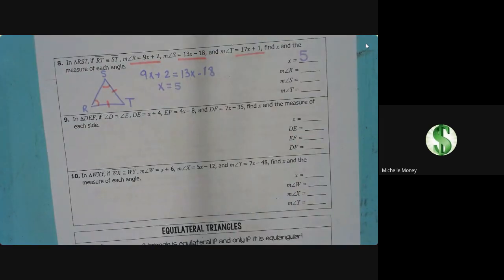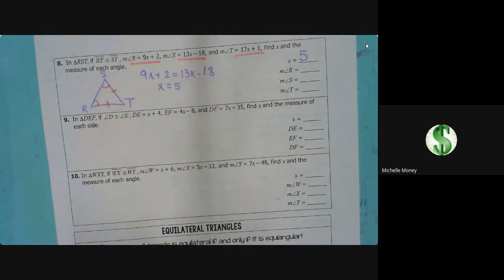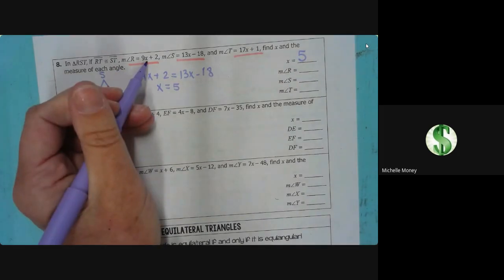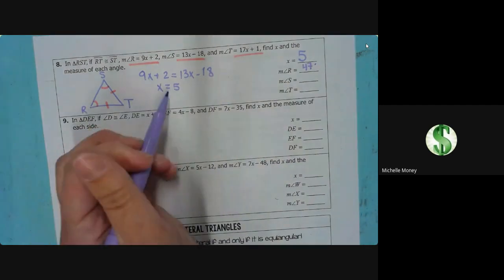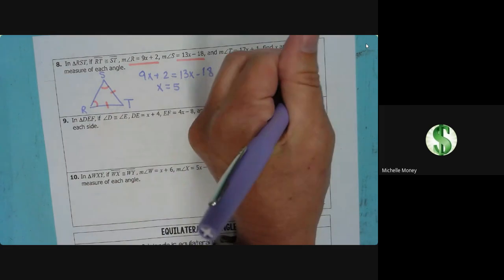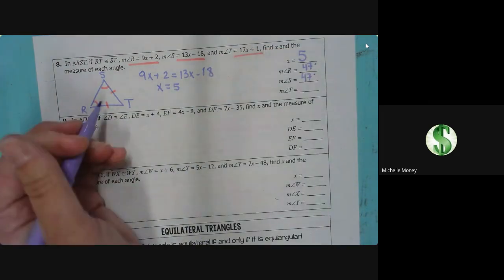Okay, so then we're going to plug x equals 5 into all 3 of these. For angle R, 9 times 5 is 45 plus 2 is 47. For angle S, 13 times 5 minus 18 is also 47. And then to get the vertex angle.